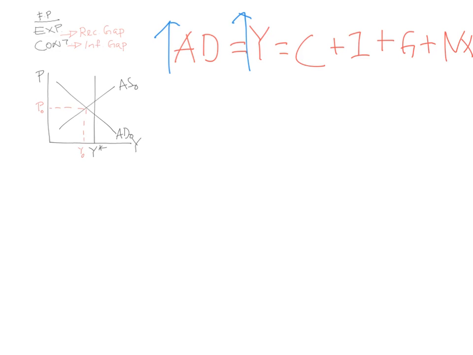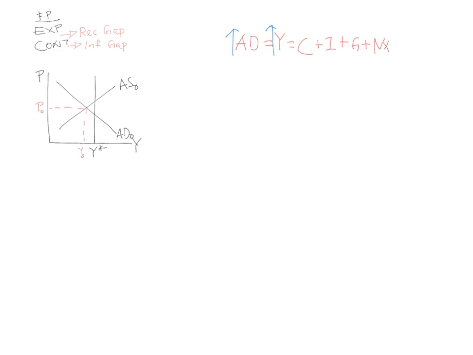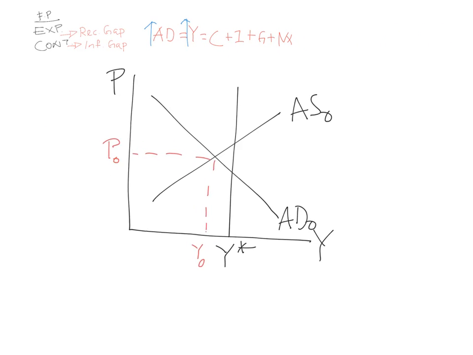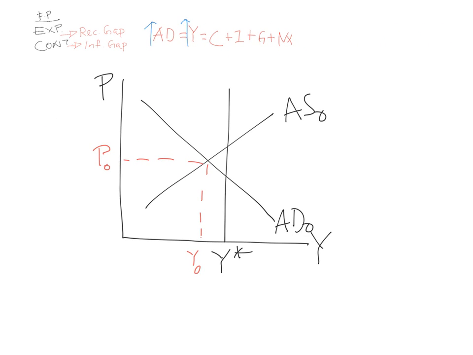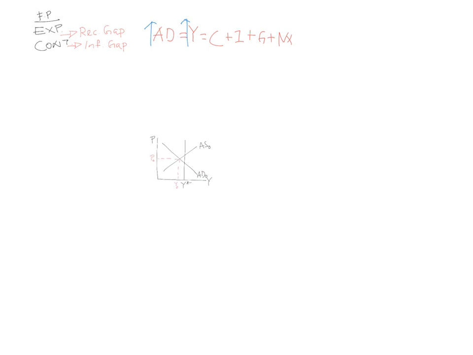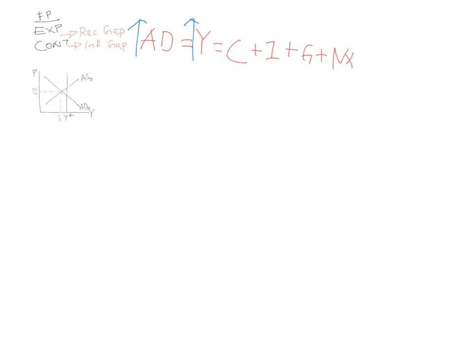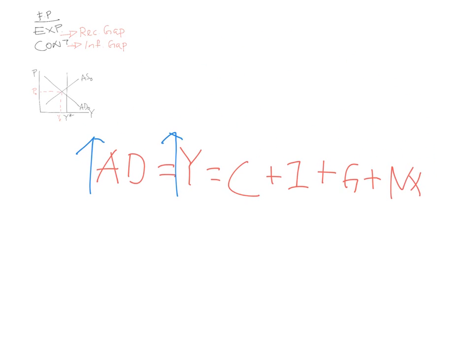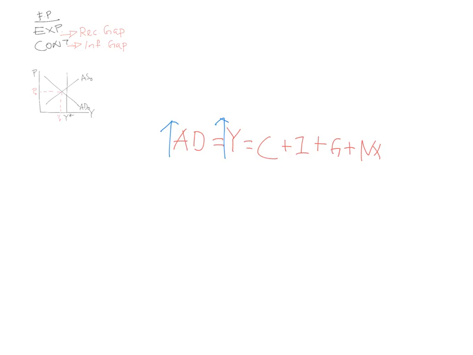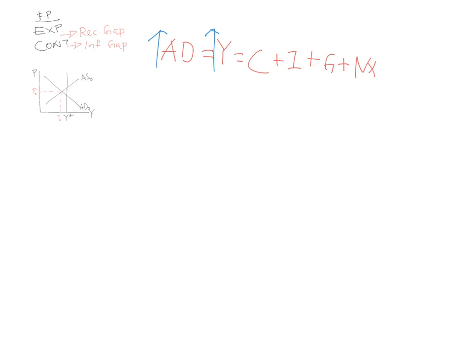Remember, we are in a recessionary gap because output is less than potential output. The economy is not doing well. The government will want to run expansionary fiscal policy, and in order to do that, the government could potentially increase government spending.